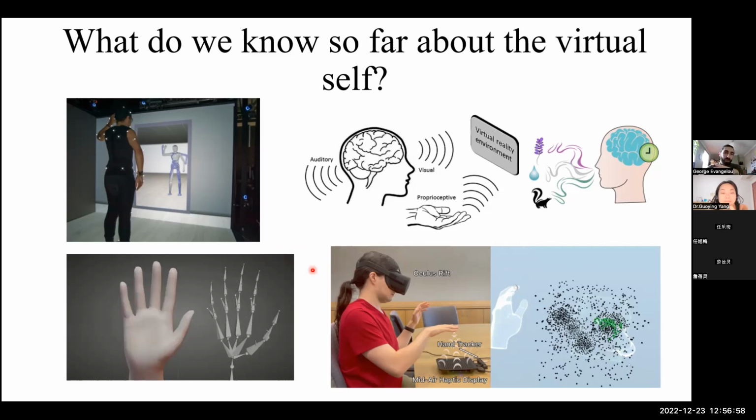Whereas ownership seems to be slightly more the other way around, where we've seen that maybe the hand not quite moving in time with our own movements, but so long as this hand does look quite anthropomorphic and human-like, I can still kind of feel a sense of ownership over this. So there's quite a dissociation there between what affects ownership and what affects agency in both.